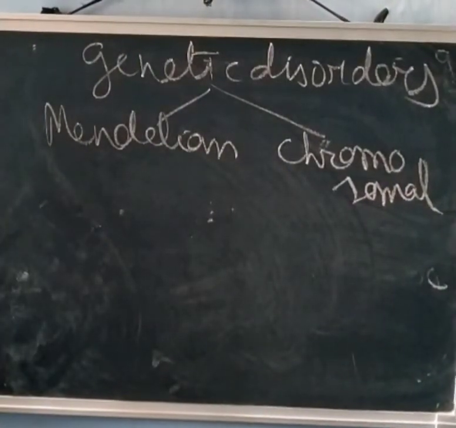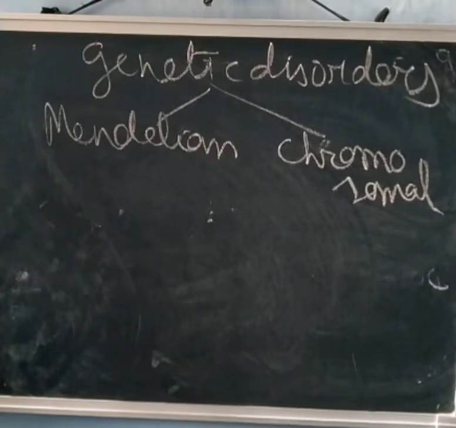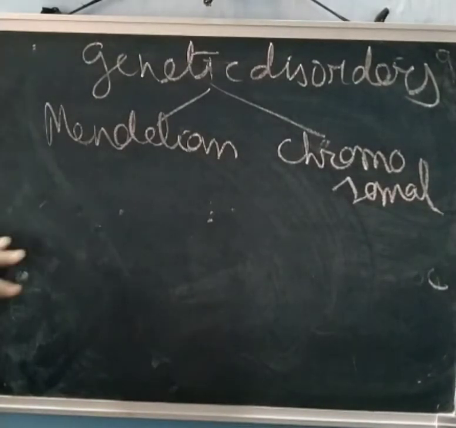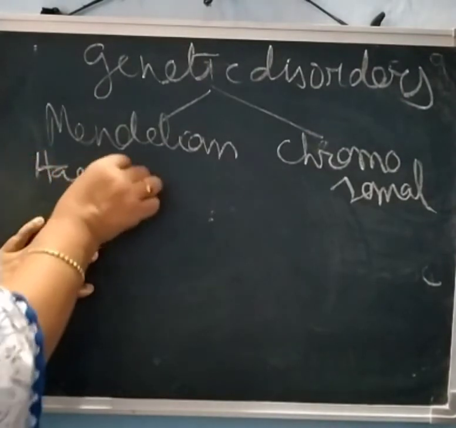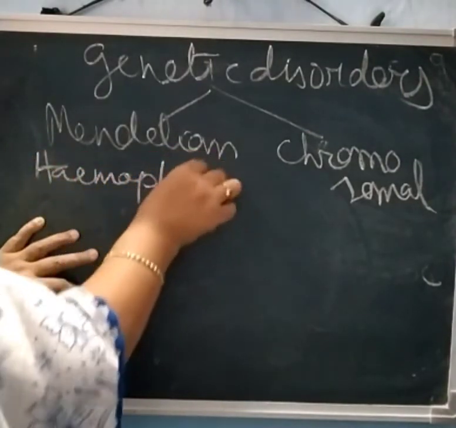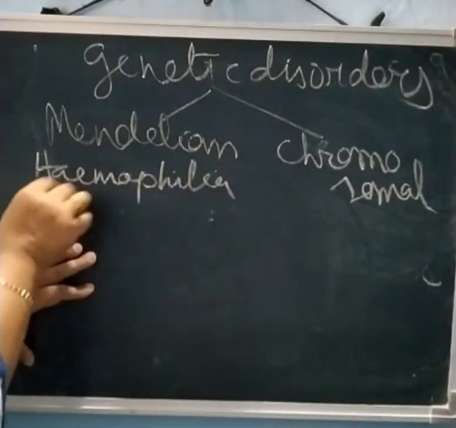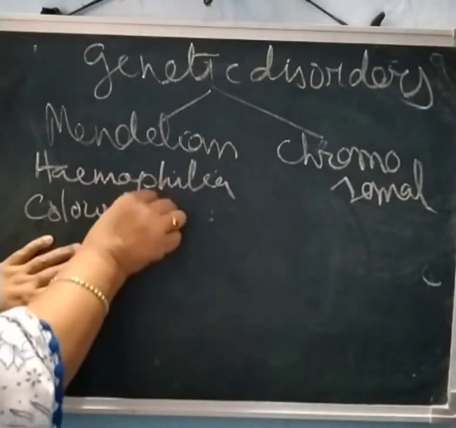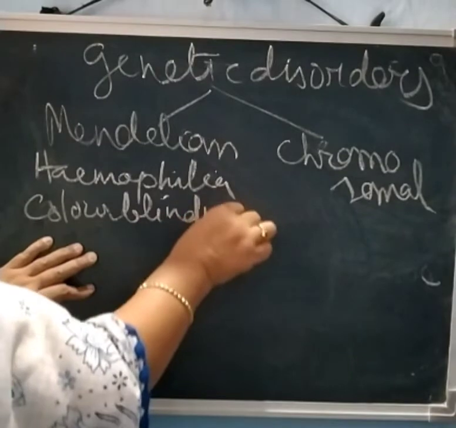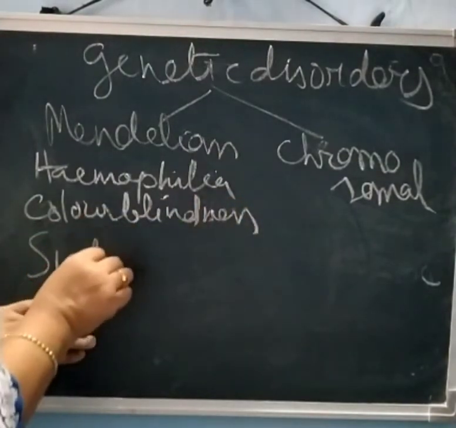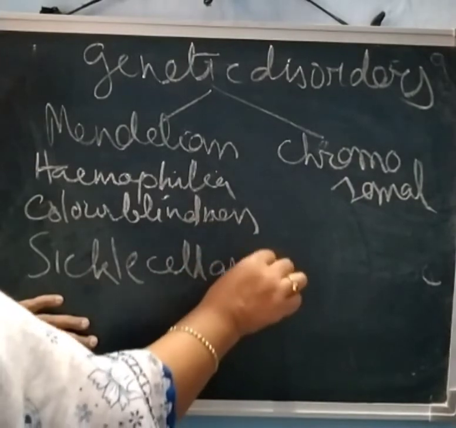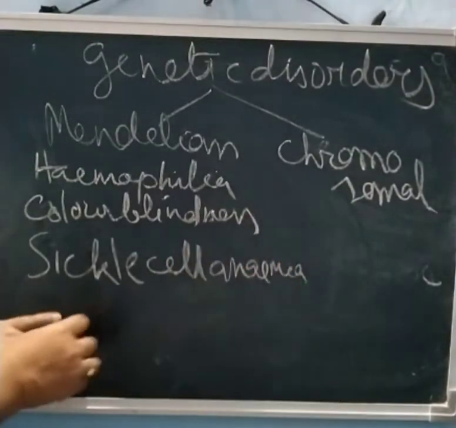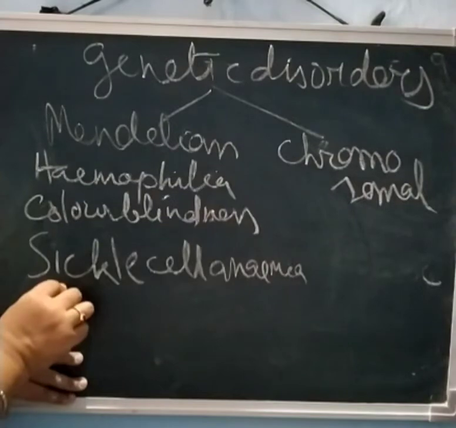Mendelian disorder examples are hemophilia, which we are going to discuss, then color blindness, then sickle cell anemia, and thalassemia.